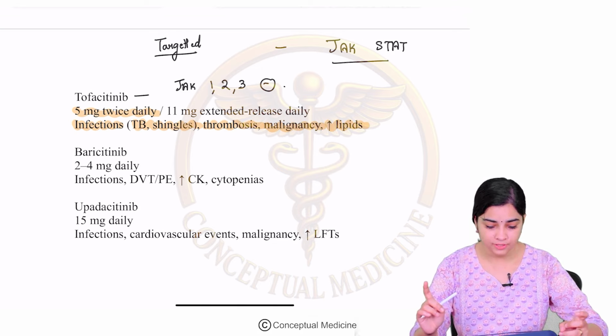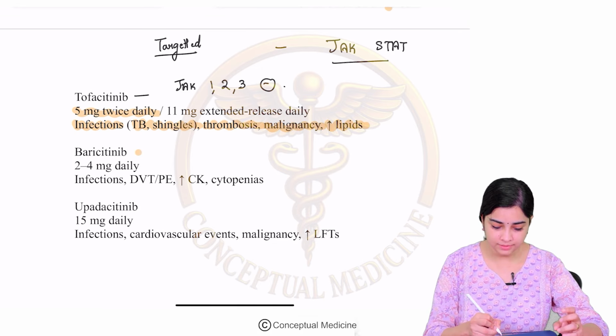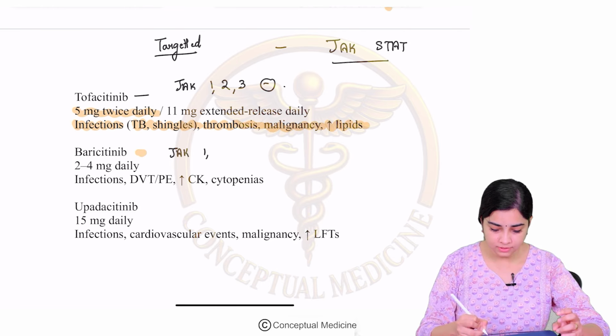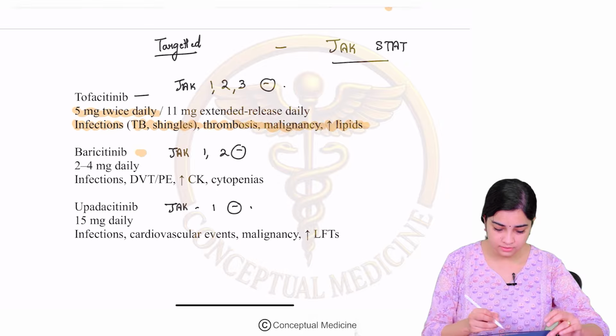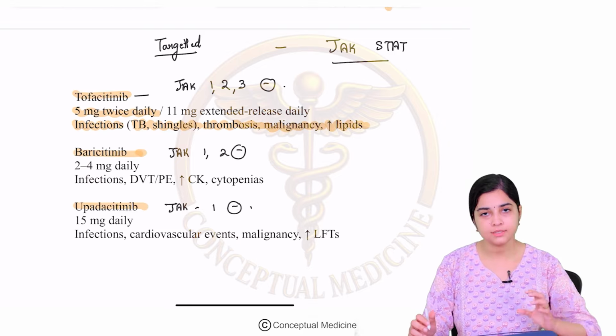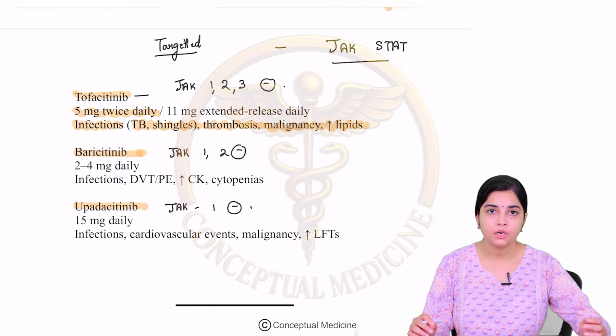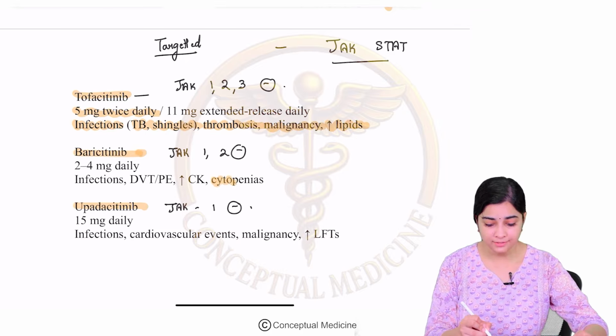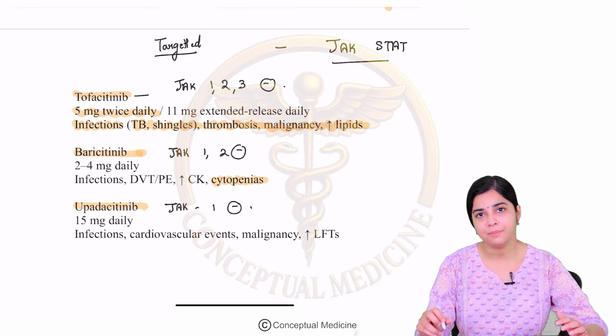Okay, so tofacitinib is a JAK 1, 2, 3 inhibitor. Baricitinib is a JAK 1 and 2 inhibitor. And upadacitinib is a JAK 1 inhibitor. Okay, the three drugs are tofacitinib, baricitinib and upadacitinib. Alright, clear? Out of which the maximum risk of cytopenias is with baricitinib.